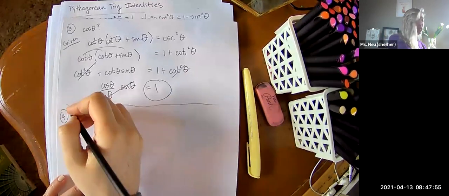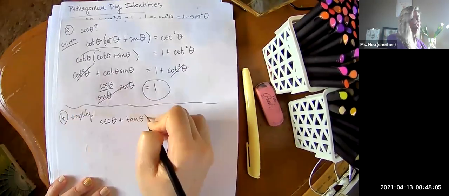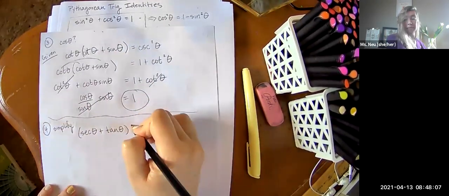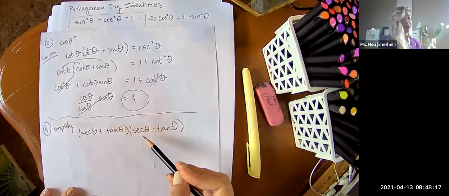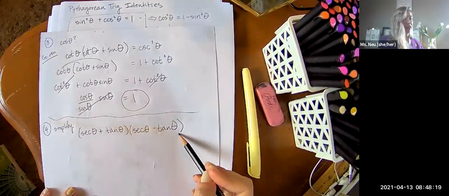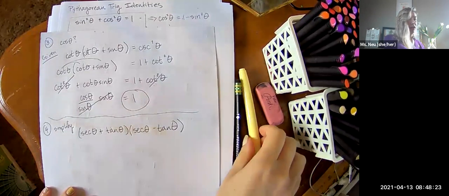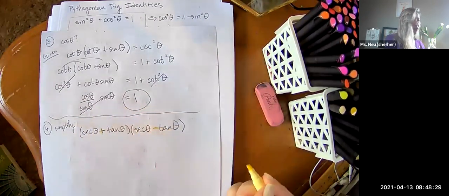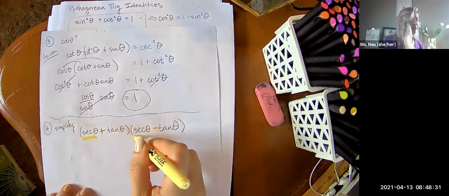And we got 2 to go. This one says simplify secant theta plus tan theta times secant theta minus tan theta. Oh my gosh. Do you notice anything? Anything pretty at all? Notice these are the same.